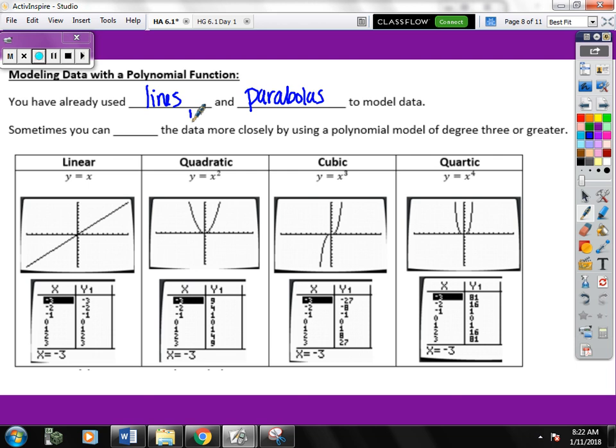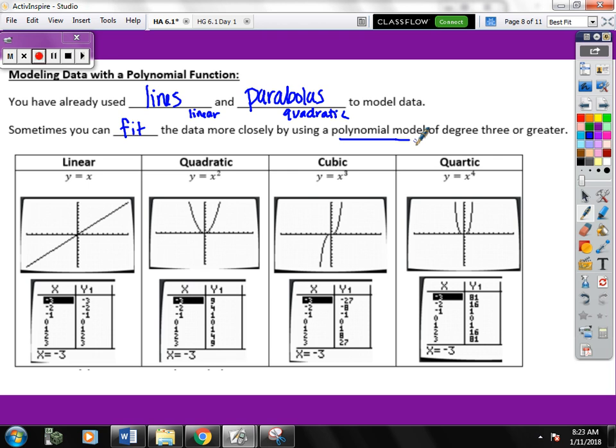Those were linear and quadratic. And you'll remember we did this with scatter plots, and we would see which one was the best fit. Sometimes you can fit the data more closely by using a polynomial model of a degree of 3 or greater.